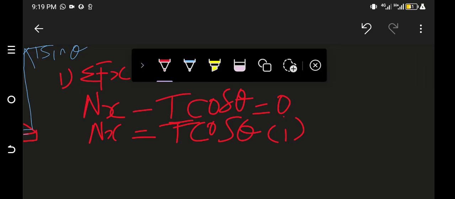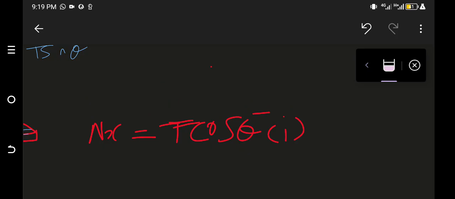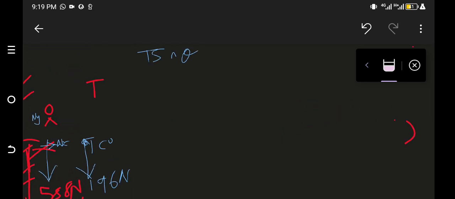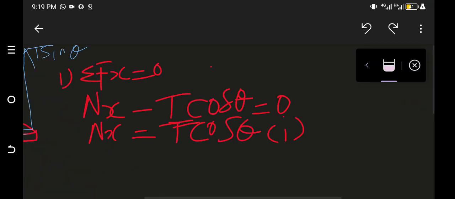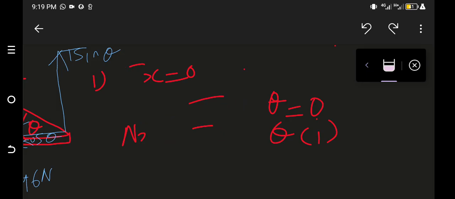Let me write it on top so that we can get more space. Let me delete this. I've accidentally deleted the line. Let me put it back like this. I've deleted the other important things.